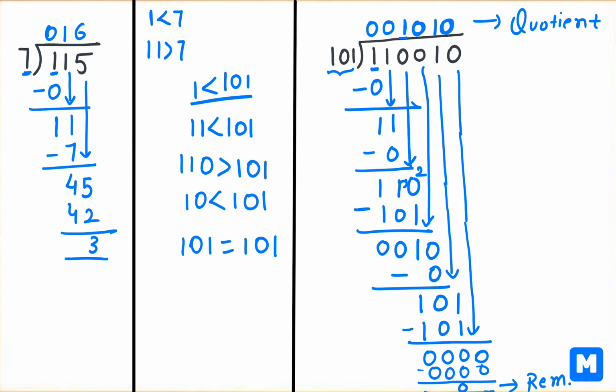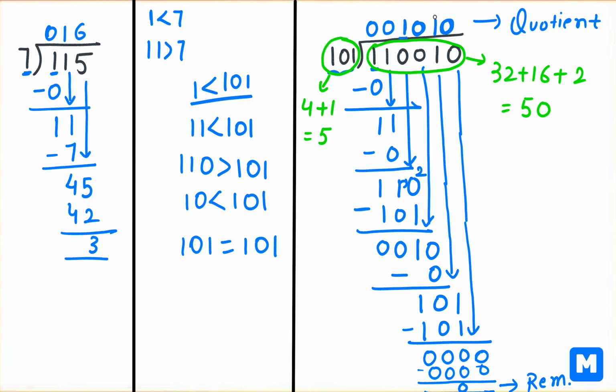So let's check the result, whether it is correct or not. If we convert this divisor into its decimal form, it will come 5. If we convert this dividend into its decimal form, then it is 32 plus 16 plus 2, that is 50.